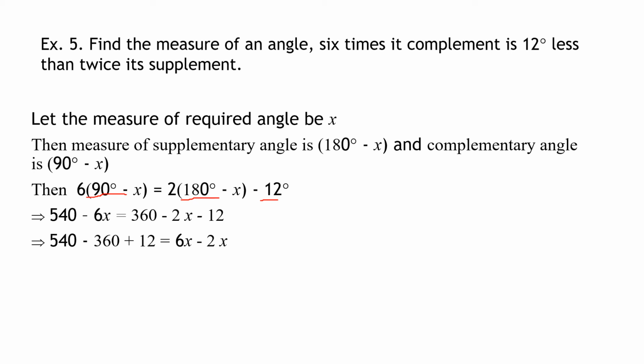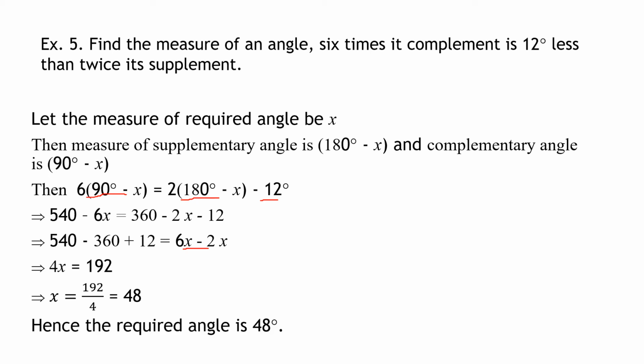So 540 minus 360 plus 12 equal to 6x minus 2x. So we have 6x minus 2x is 4x, and 4x is equal to 192. Now if 4x equal to 192, x equals 192 upon 4, and x is equal to 48. So our required angle is 48 degrees.